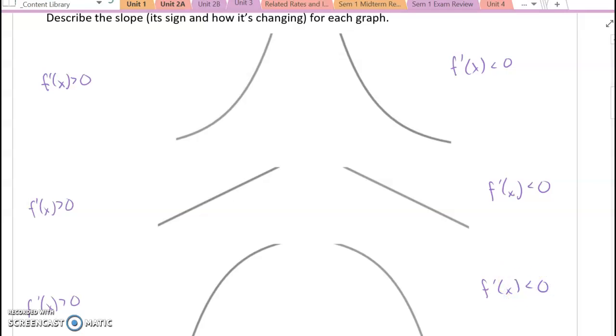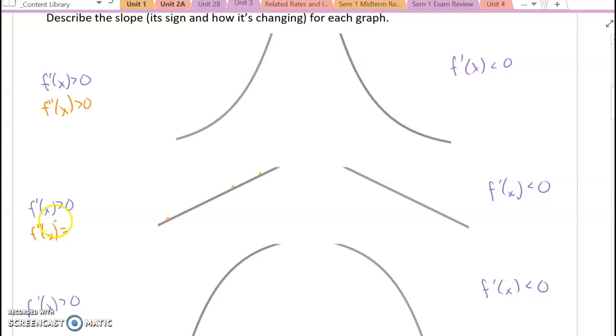All right, talk about the second derivative. Our second derivative, well, this is getting steeper and steeper and steeper in the positive direction. So this is f double prime of x is positive. This is f double prime of x is, I wonder. What do you think? What's the slope here compared to here, compared to here, compared to here? The slope is the same everywhere because it's a line.